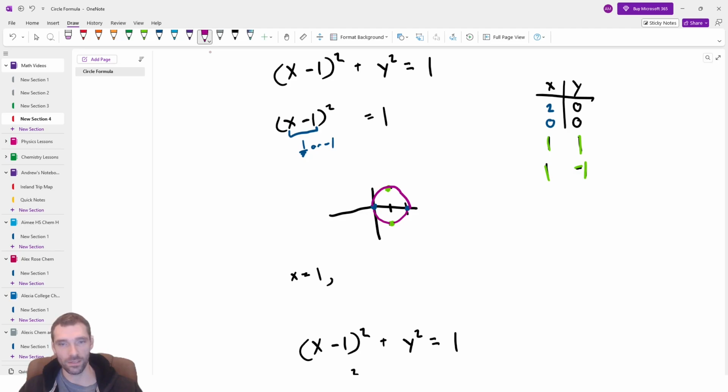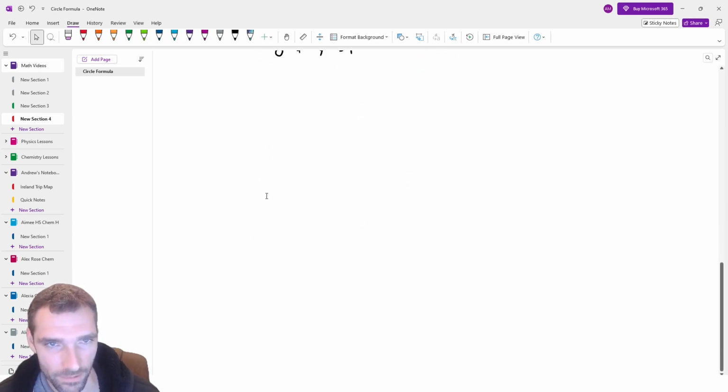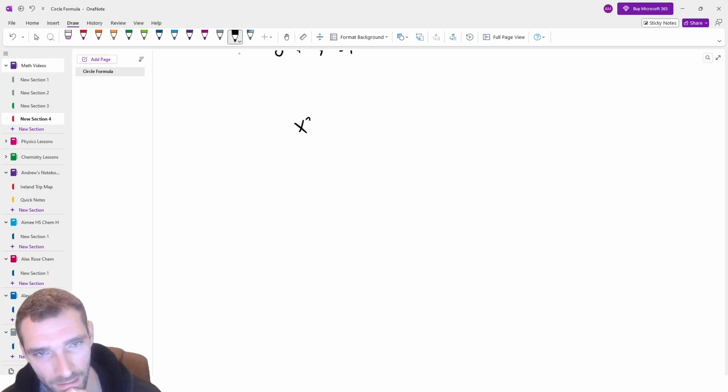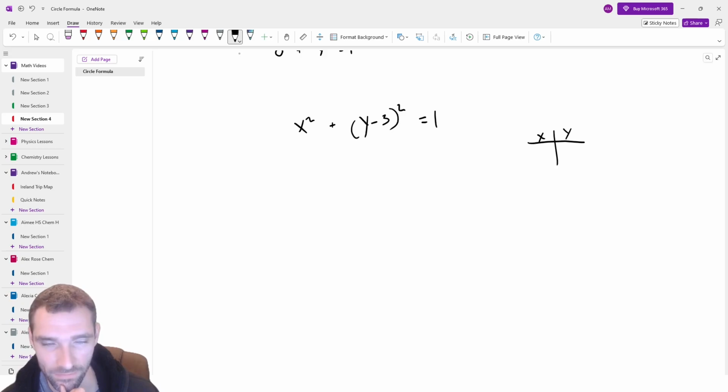You can do a couple different versions of this to help you see this as well. Just very simple examples. So if we had, I don't know, x squared plus y minus 3 squared being equal to 1, you can have the same sort of idea that you're doing a test plot and trying to see how this stuff relates.